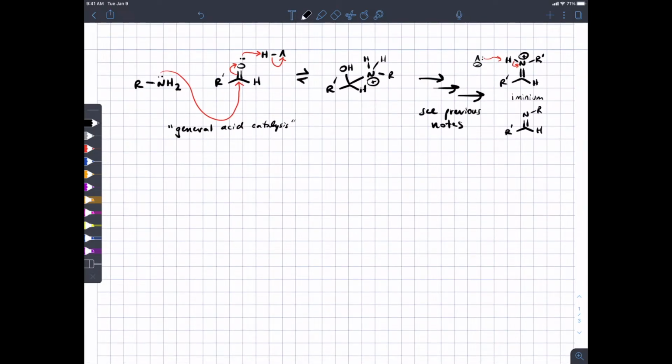Okay, so let me draw for you now what that imine looks like. I'm going to redraw the whole pyridoxal phosphate molecule because what happens next you really need to see the whole structure for.